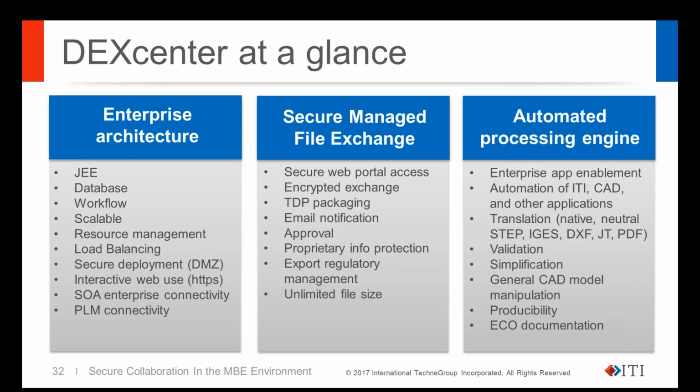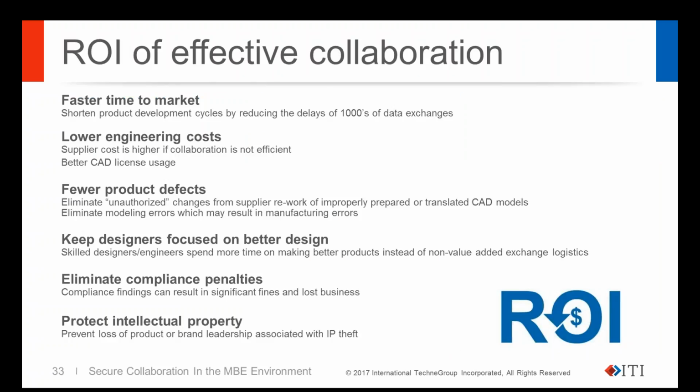So ROI, there are a number of ways to look at how this can save money. Often companies have a designer or engineer exchanging data with one of their suppliers, and it may not seem like there's a lot of time involved in doing that. Maybe it takes 15 minutes, maybe half an hour.